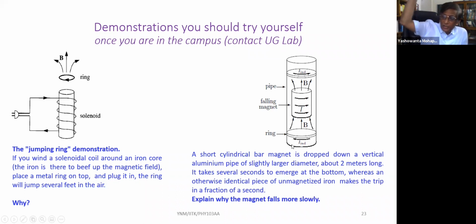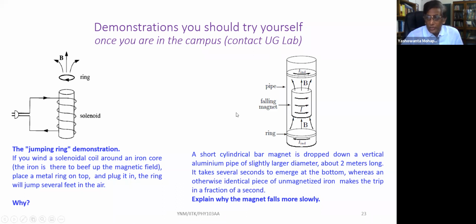So if you take unmagnetized iron and magnetized iron, which is, let's say, a magnet, they take a very different time to fall. Okay, explain why the magnet falls more slowly. I'm sure you have come across this, but argue it out.